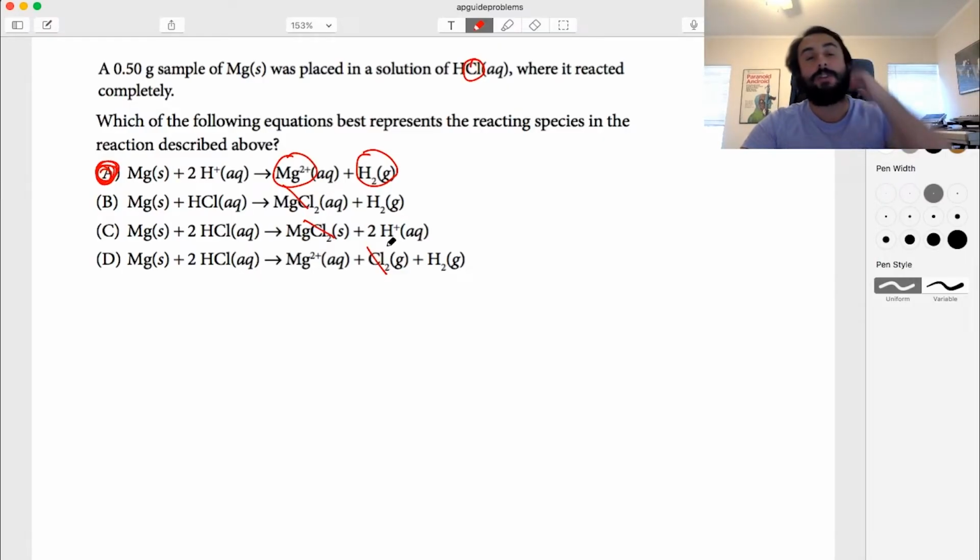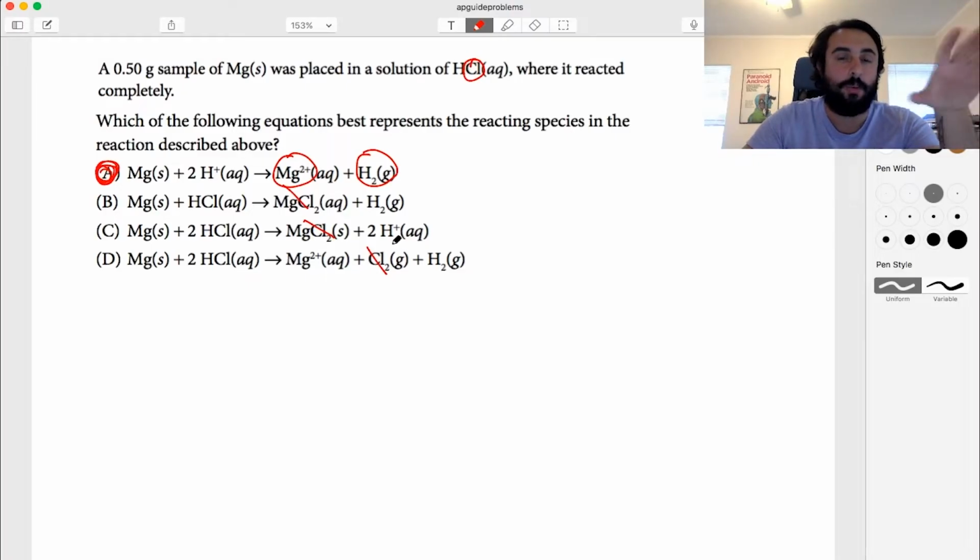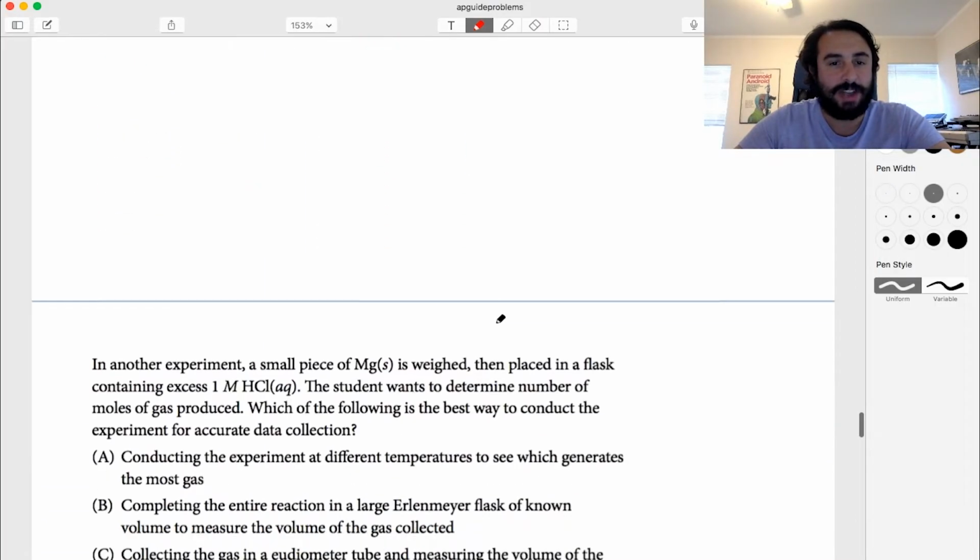It is a very common reaction to react solid metal with an acid like hydrochloric acid to get the metal cation and hydrogen gas. So this is a redox reaction. Chloride is a spectator ion, and those are the reacting species here. So now that we know that, let's check out the second one.